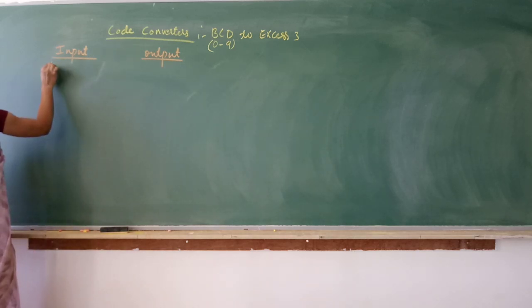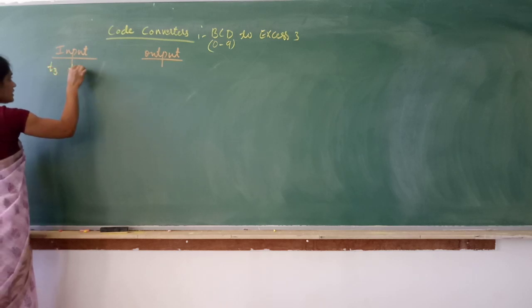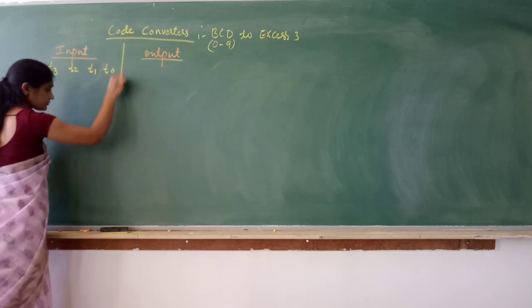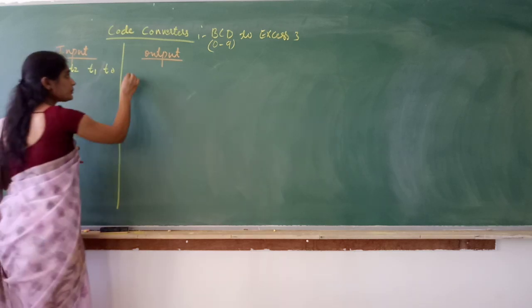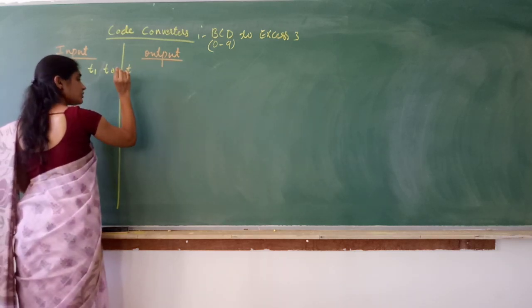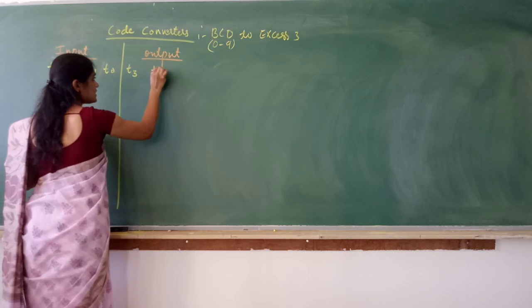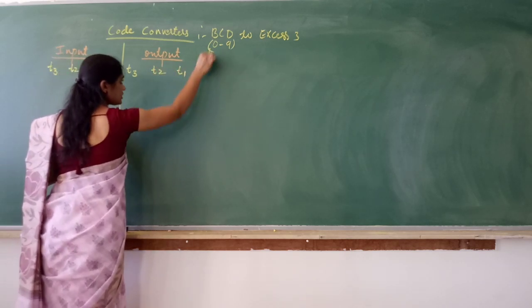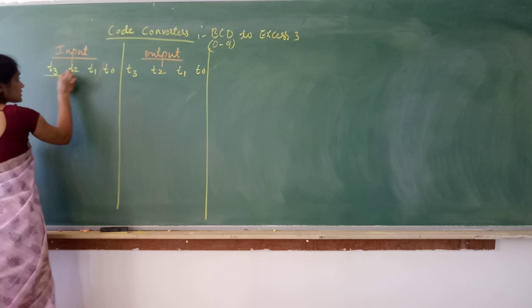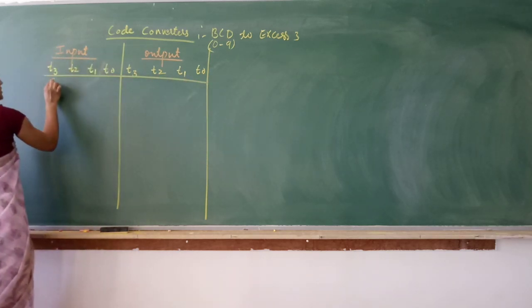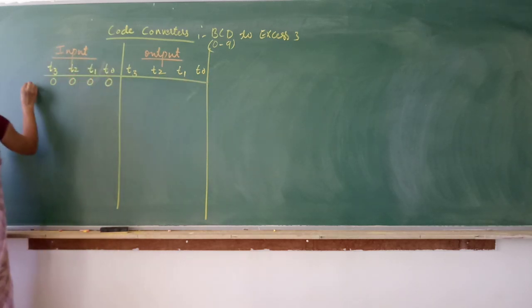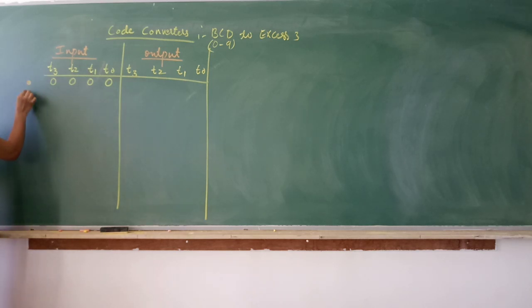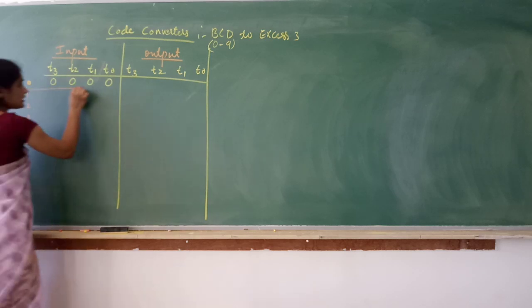So inputs are 4 bits: T3, T2, T1, T0. Output is again 4 bits; let me denote the output also as T3, T2, T1, T0. So inputs are 0, 0, 0, 0, which corresponds to number 0. So 0, 1, 2, 3, 4, 5, 6, 7, 8, 9. So 0 to 9.